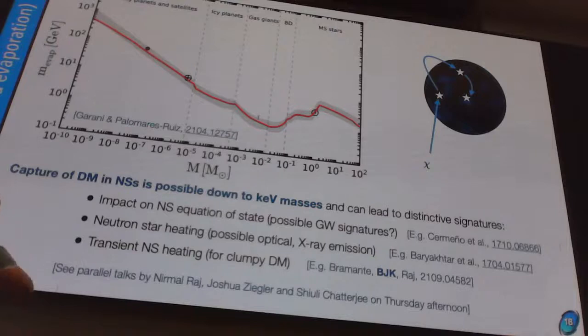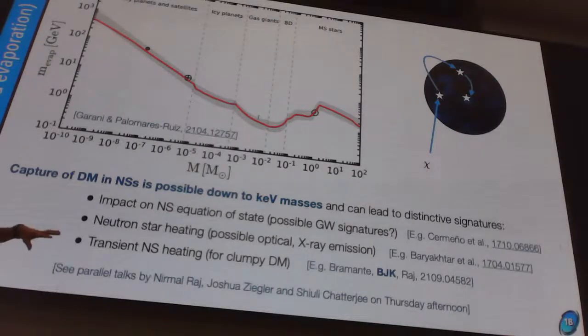The problem is that once that dark matter scatters and is captured, it tends to thermalize, and then the high energy tail of that thermal distribution tends to evaporate away from the star if the dark matter is too light. What I'm showing here from this paper is at what mass this evaporation becomes a problem. If you're below, say, 1 GeV, it's very hard with ordinary celestial objects to stay captured and to have any kind of effect on them.